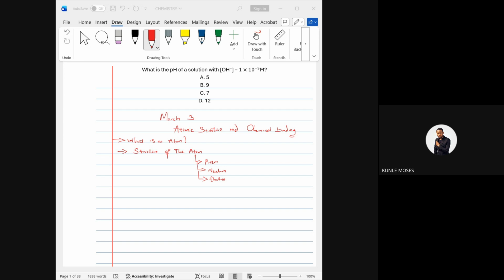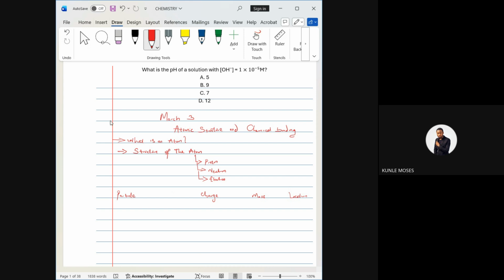Let me just give you a table: the particle, the charges they have, the mass and the location. These are not JAM questions, but there are things you need to know as we move forward. Once we get to JAM questions, I will tell you.